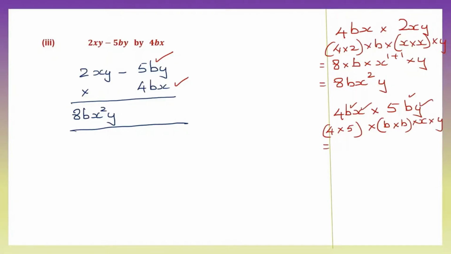So let's do this. 4 5s are 20 into b to the power of 1 plus 1 into x into y. So that makes it 20b square xy. So the sign is minus, 20b square xy.